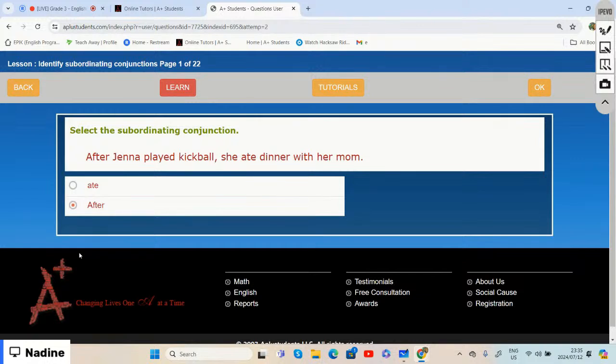All right, and remember we said subordinating conjunctions are used to either join two simple sentences or connect two simple sentences, right?